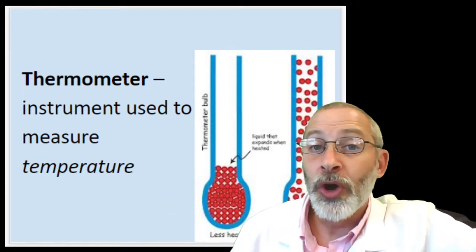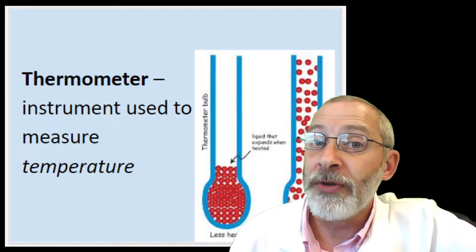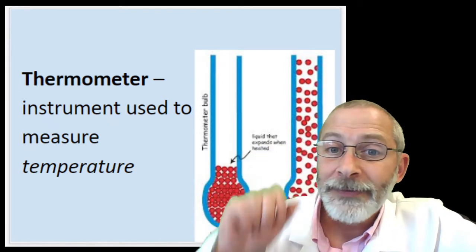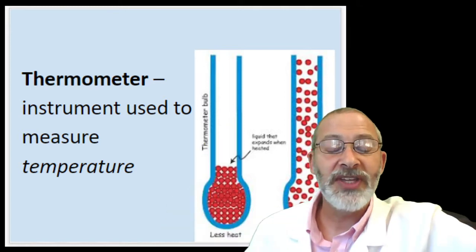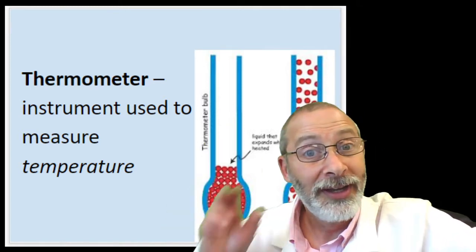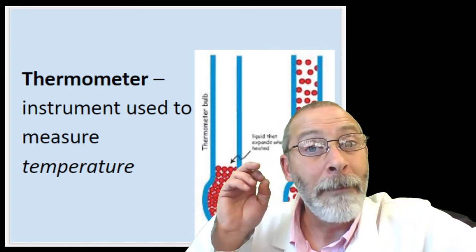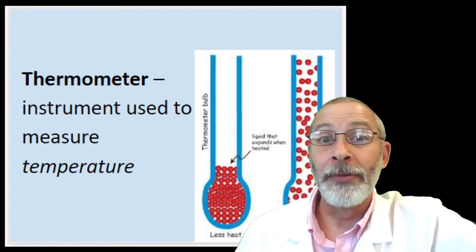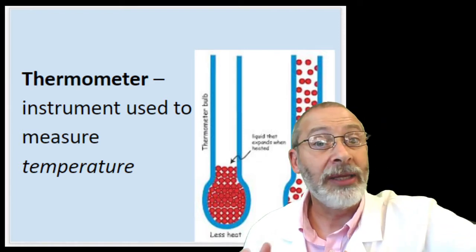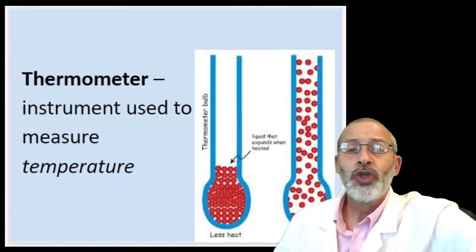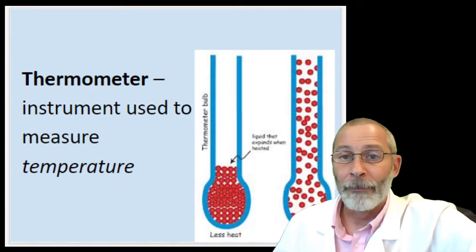Therm, does anyone know what the prefix therm means? Heat. And meter, the suffix meter, what does that refer to? Measurement. So thermometer literally means heat measurement, and it is an instrument used to measure temperature.